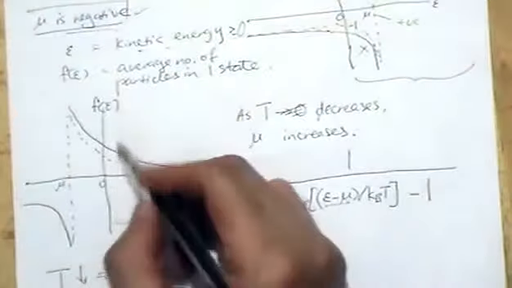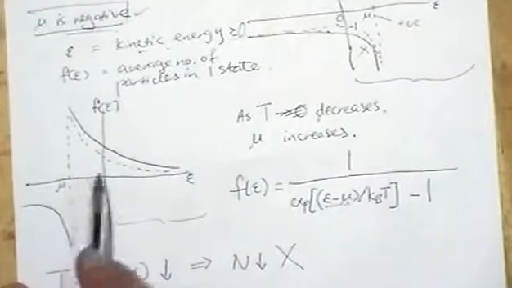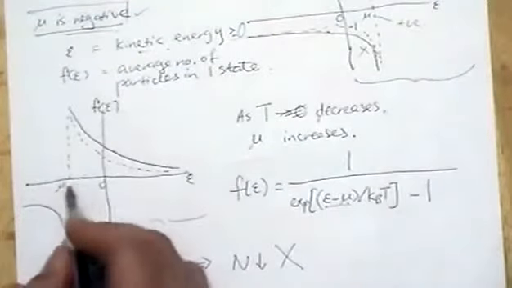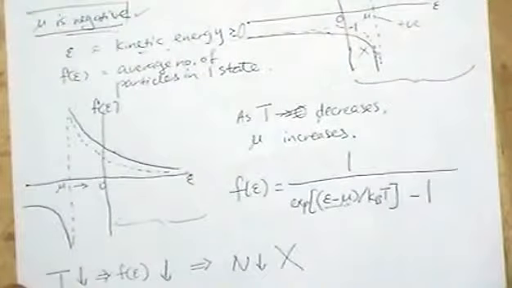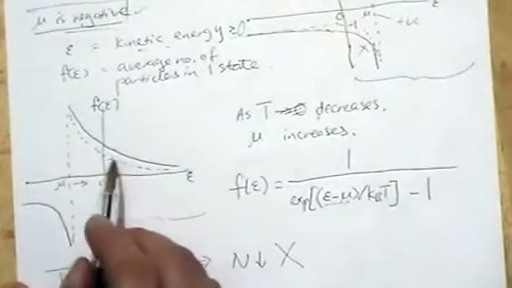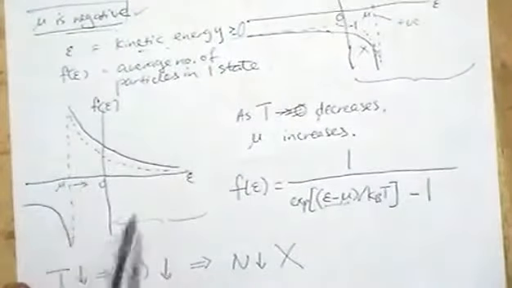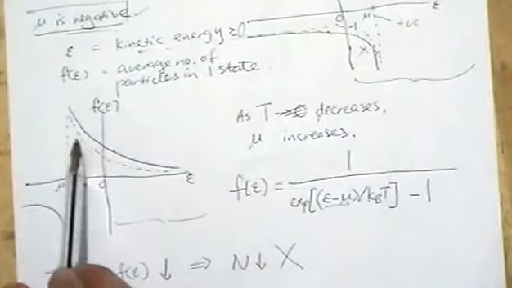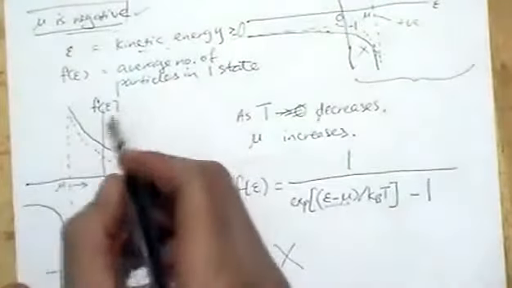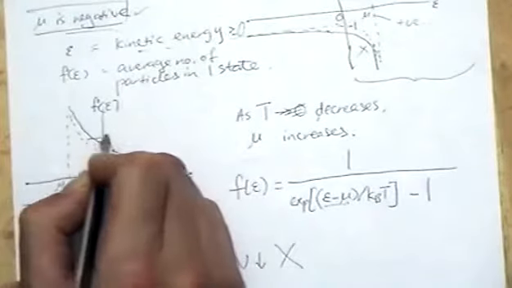Okay, so this could happen when temperature decreases. Now the way out is to move mu to the right, because if we move mu to the right, the higher part of the curve, the part that goes to infinity, moves to the right.